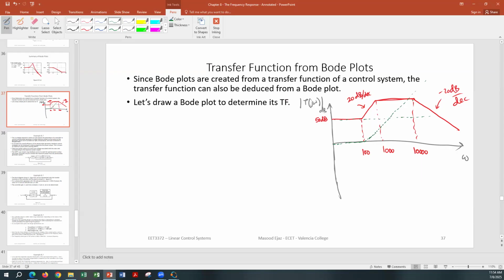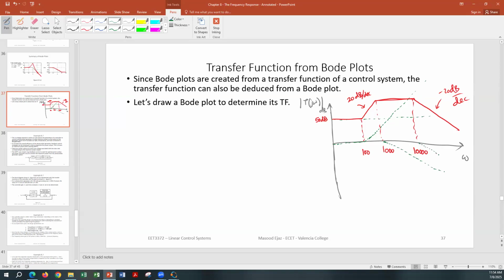Then since it becomes constant again here, you're going to have a pole here that is going negative 20 decibel per decade. And finally, you have a pole at 10,000, which is going at negative 20 decibel per decade.